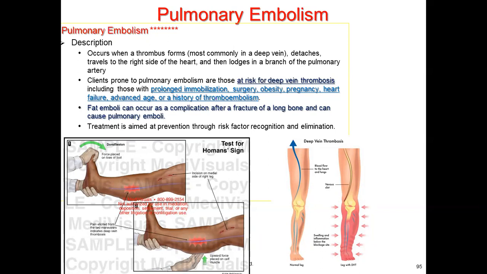So when you put pressure or dorsiflex and the patient complains of calf pain, it indicates a positive Homans sign. Homans sign is important to diagnose deep vein thrombosis.